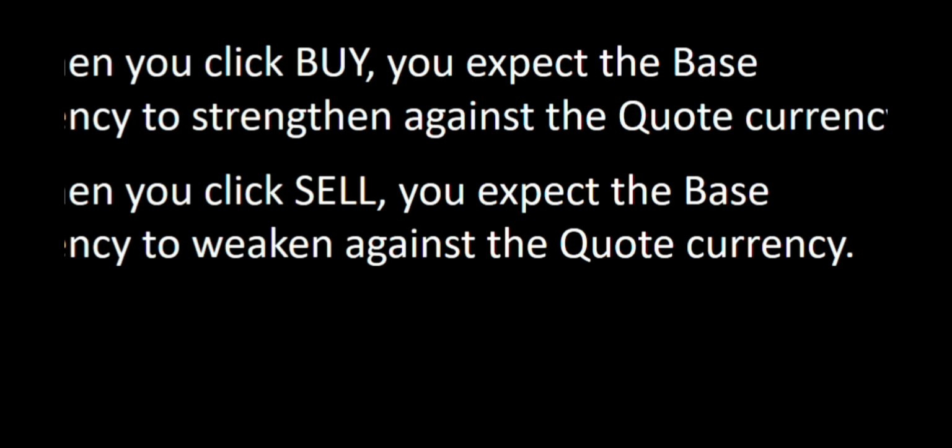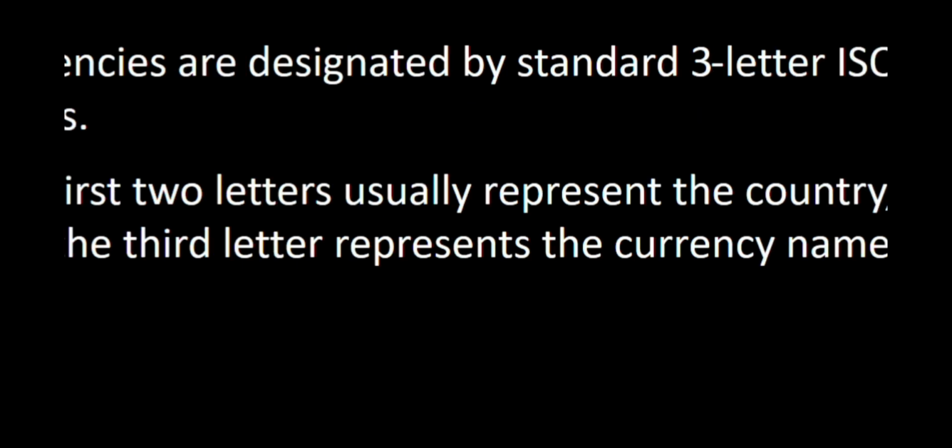When you click sell, you expect it to weaken. So when you have Euro USD on your pair and you buy, this means that you expect Euro to strengthen against USD.